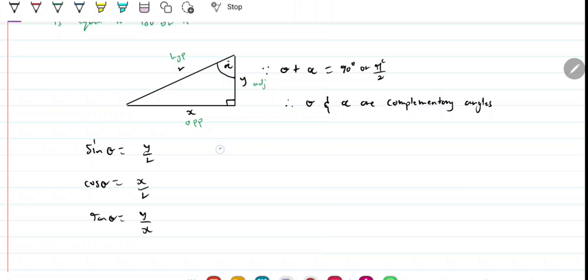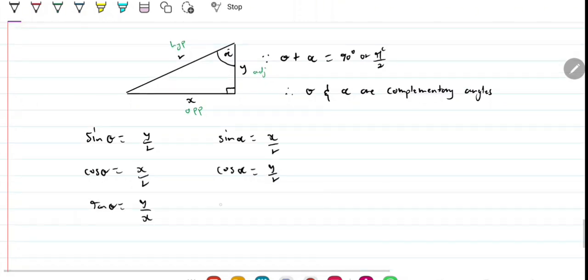So it means that sine alpha will be x over r, opposite over hypotenuse. Cos alpha would be y over r. And tan alpha would be x over y.